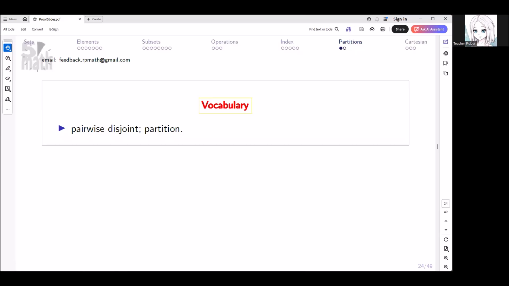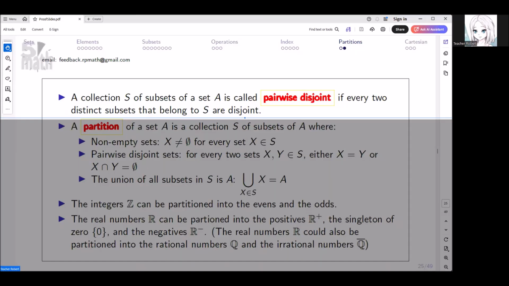Vocabulary: pairwise disjoint, partition. A collection S of subsets of set A is called pairwise disjoint if every two distinct subsets that belong to S are disjoint.